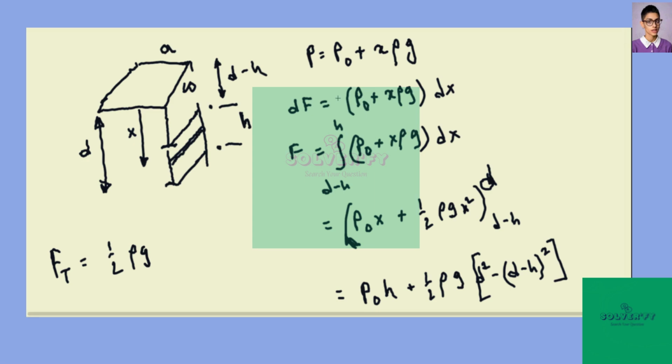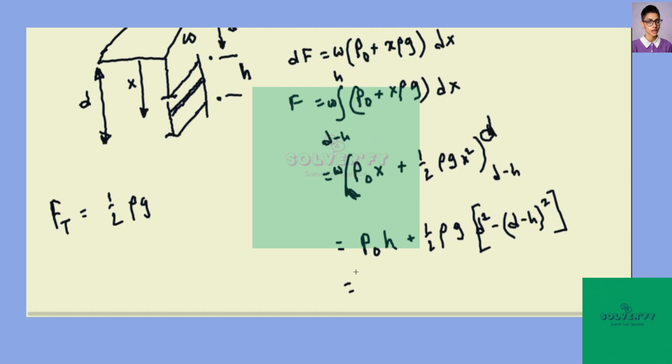For calculating the force, we have to use our W over here as well. So W will stay constant outside. Now notice that this part of the force is balanced on either side because the atmosphere pushes it from the outside as well. So the excess force is half rho g W d squared minus d minus h squared.